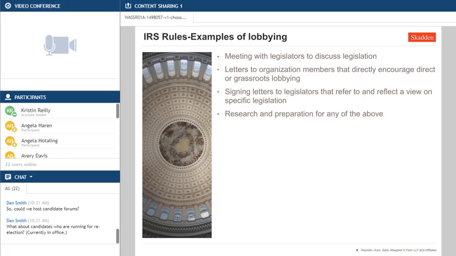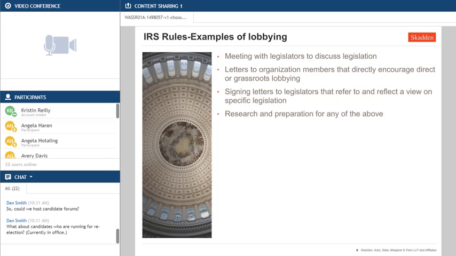Letters to organization members that encourage them to engage in direct or grassroots lobbying. That's going to be more of a grassroots lobbying. Signing letters to legislators that refer to and reflect a view on specific legislation. Once again, that's lobbying, and that was the example I mentioned where we worked with a big coalition of C3s that were sending an enormous letter on a number of different issues, and we just picked out the pieces.